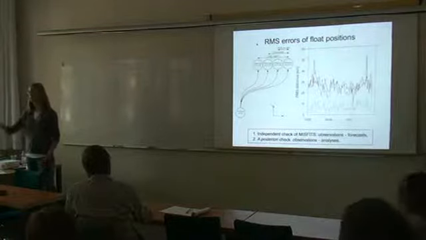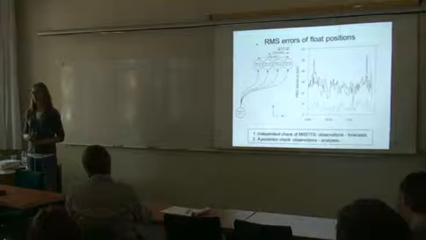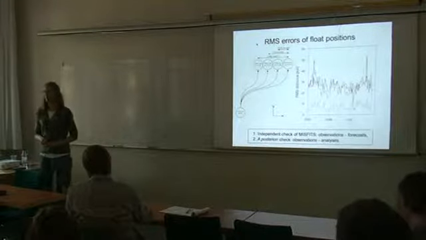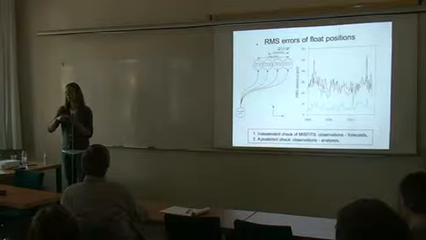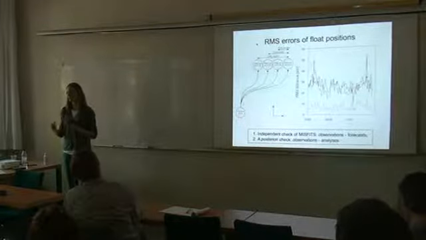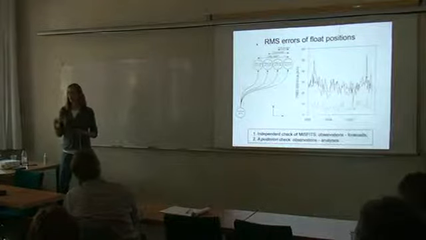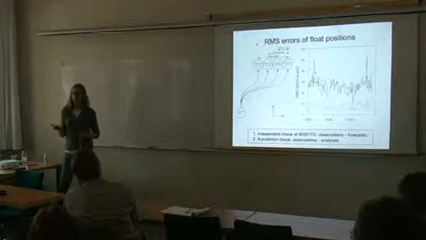But I calculate the forecasts anyway, so I can compare with them. Yes, kind of. So the trajectory between the initial and final positions from each cycle. We calculate trajectories even if we don't assimilate data, just to have a comparison.